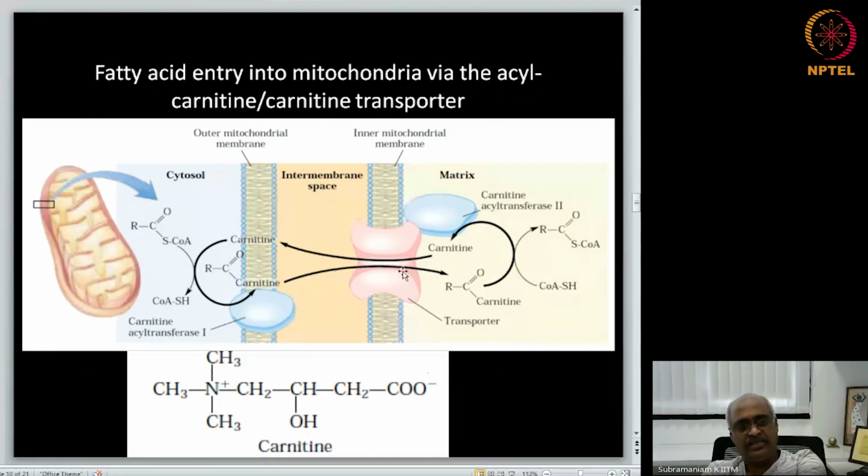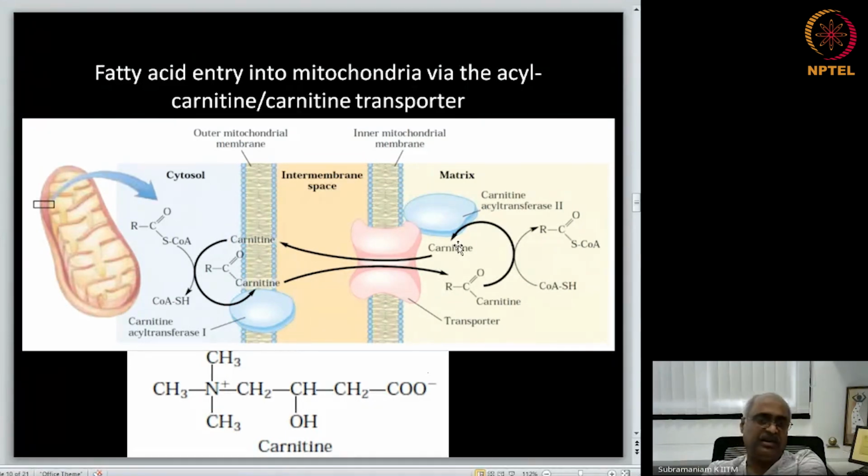In one direction, it is acyl carnitine that goes in. Then on the inner side of the inner membrane, meaning the matrix side, you have carnitine acyl transferase 2, which esterifies again with CoA, forming acyl-CoA once more.